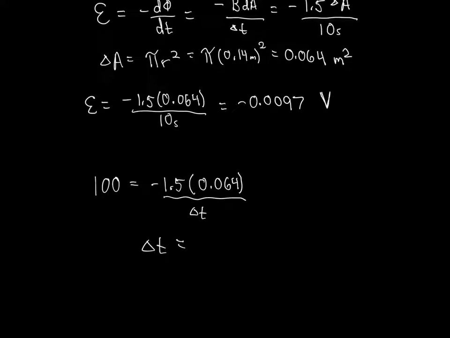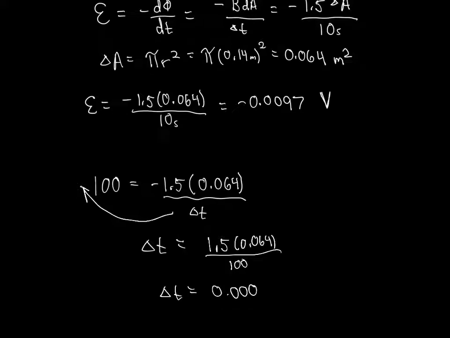I can move my change in time over to the other side, and the change in time has got to be 1.5 times 0.064, all divided by 100. That's my change in time: 0.00096 seconds.